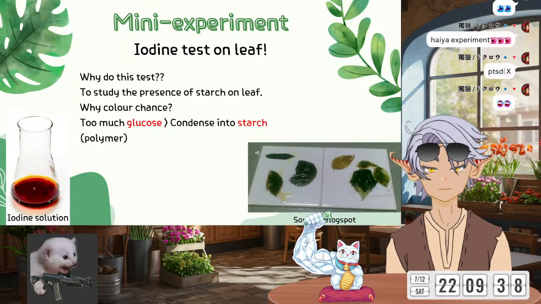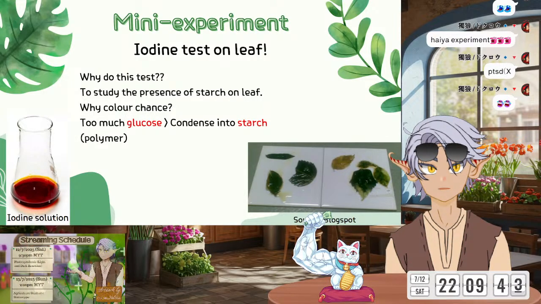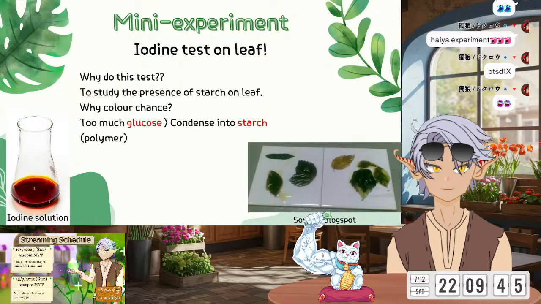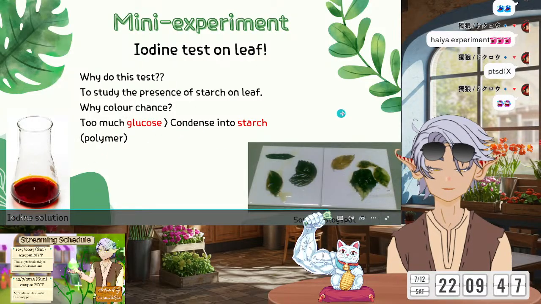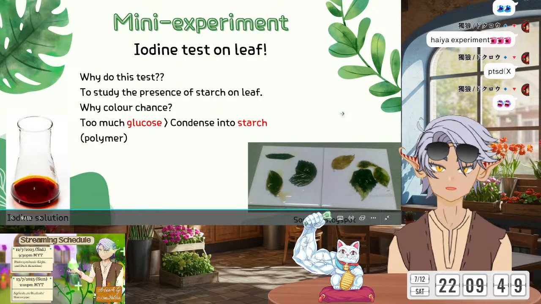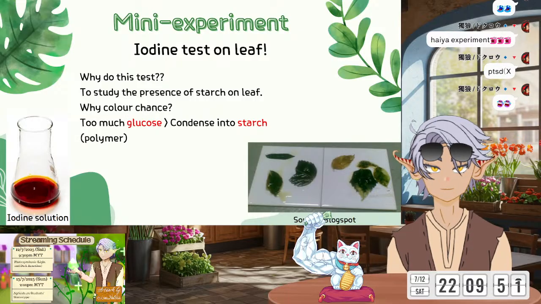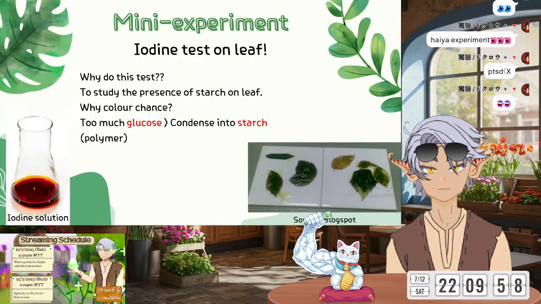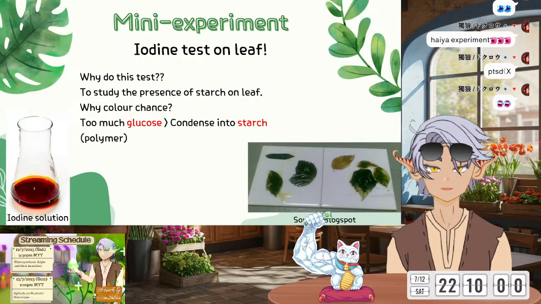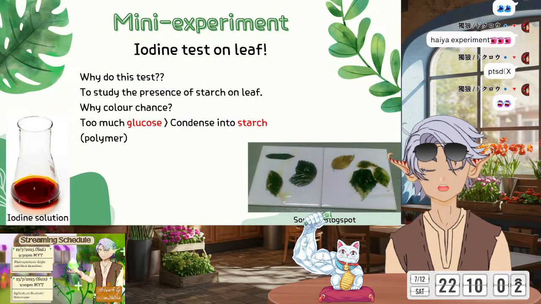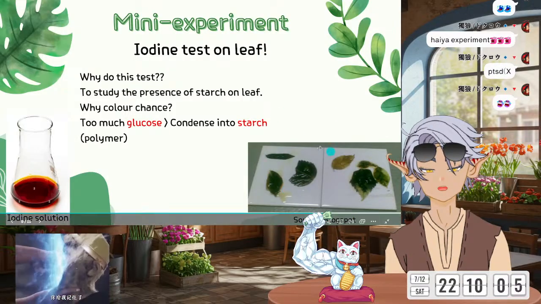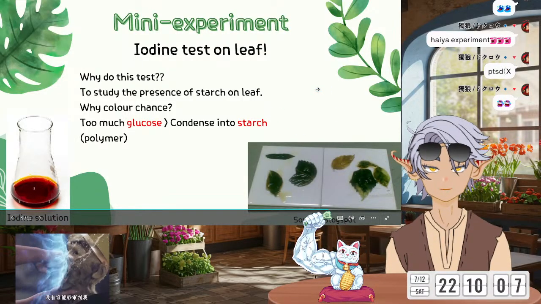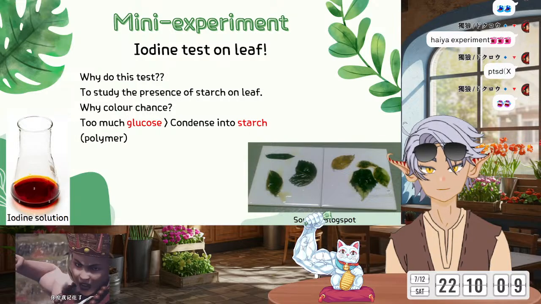So we can test the presence of this compound, starch, using iodine. How? You need to boil the leaf to make the chloroplasts release all the content inside. Break down, like your ex broke your heart. I forget the step actually, but the concept is there.